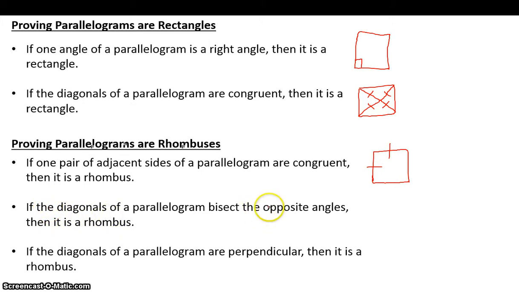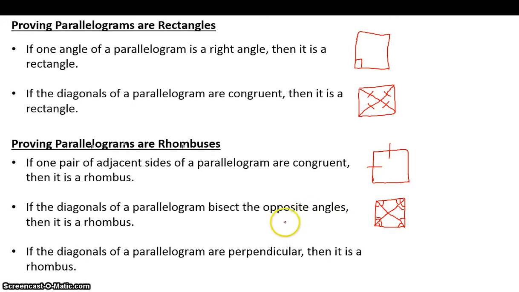Next, if the diagonals of a parallelogram bisect the opposite angles, then it's a rhombus. So if I draw this diagonal and it cuts these angles so that these angles are congruent to these angles, and then if I draw this one in, these angles would be congruent to these angles, and I know it's a parallelogram and it's marked like this, then it is a rhombus.